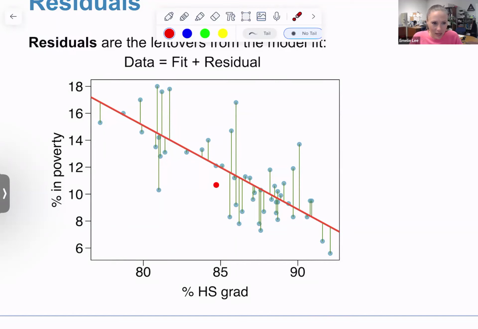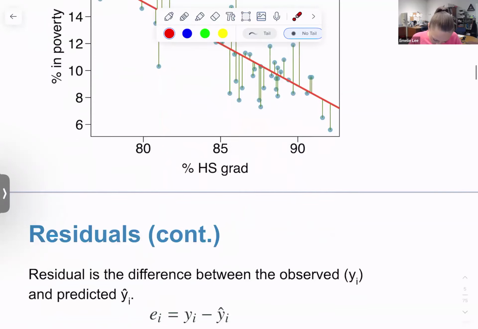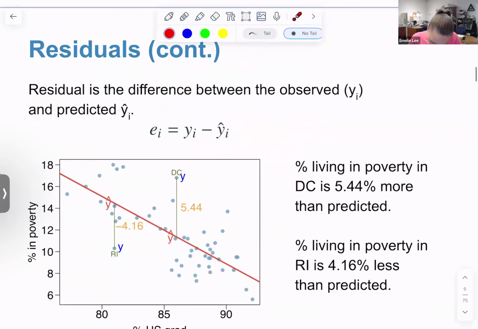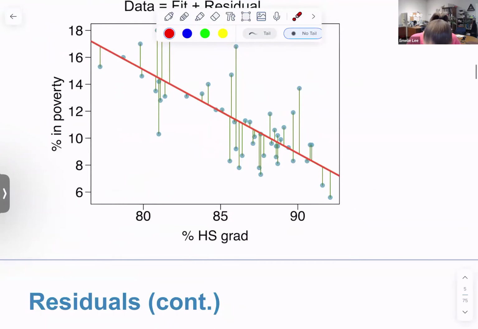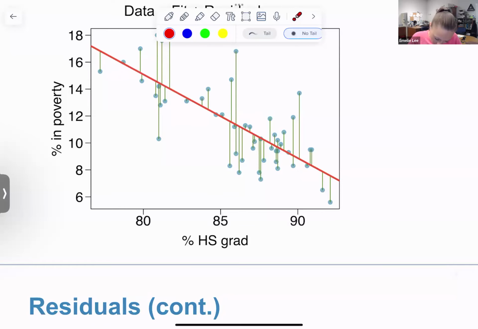I think if we had 85.1, they're not showing Georgia, but I guess it would be maybe this one. Is this Georgia? Very close to the line.